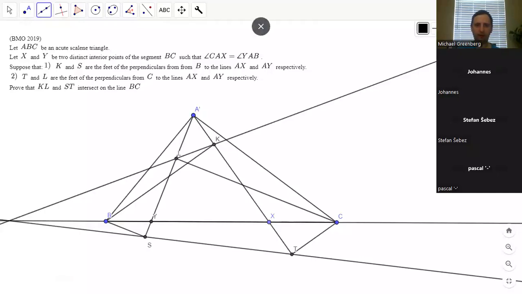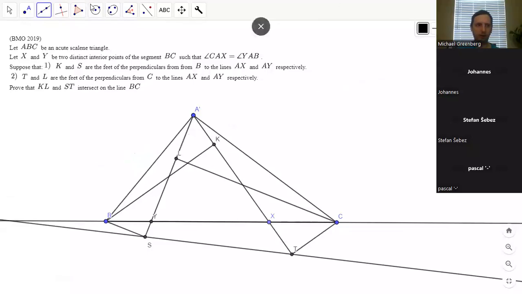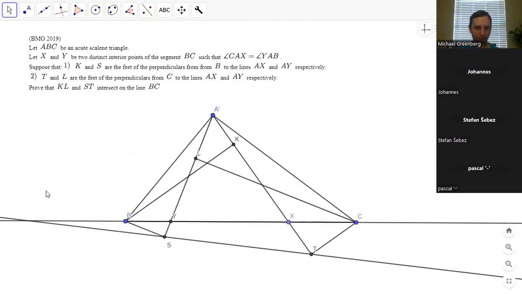I think I could let ST meet BC at a point like D prime and KL meet at D double prime, and I could show some two cross ratios are equal. Let me see if that works.